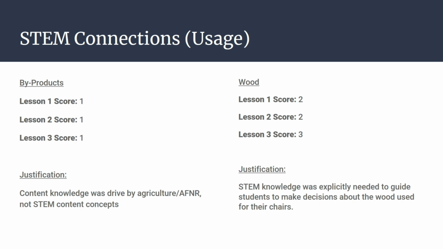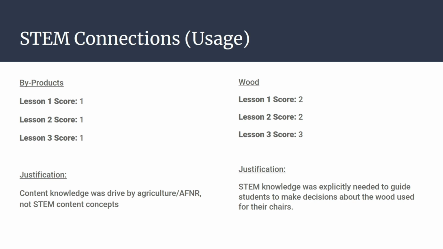In the wood unit, you'll see that the scores were 2, 2, and 3, respectively, for the lessons. It follows a similar pattern: the usage of math and science in lesson 1 is why there was STEM content knowledge being connected and being used.